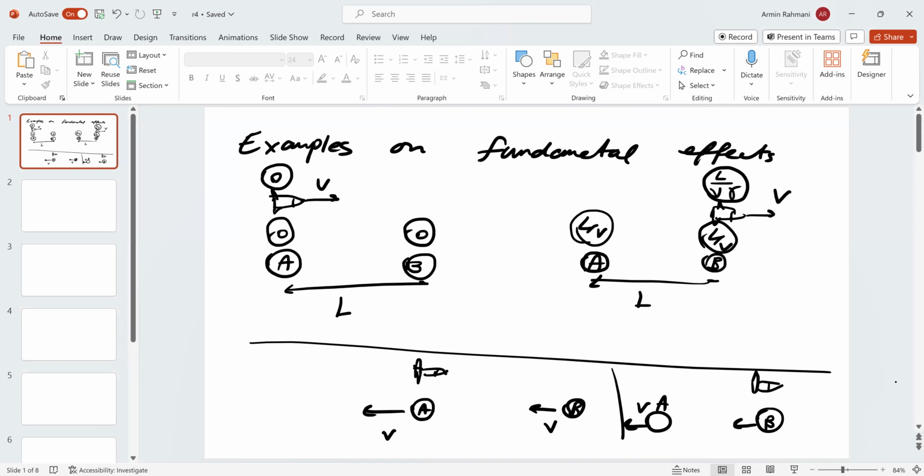But then the times on the clocks, I mean, they should not differ. These two are at the same point in space, and they can compare notes. So if this is reading L over v over gamma, this is reading L over v, which is a longer time, even though its clock has been ticking more slowly from the point of view of the person on the rocket. So what's up with that? How can we make sense of this?